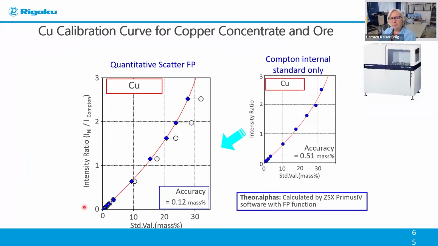So you can see quadratic fit always with the very heavy elements, so copper and iron, for example. But immediately you can see the combination of the theoretical alphas with the quant scatter FP improves the accuracy very nicely in comparison with just using the internal standard only.